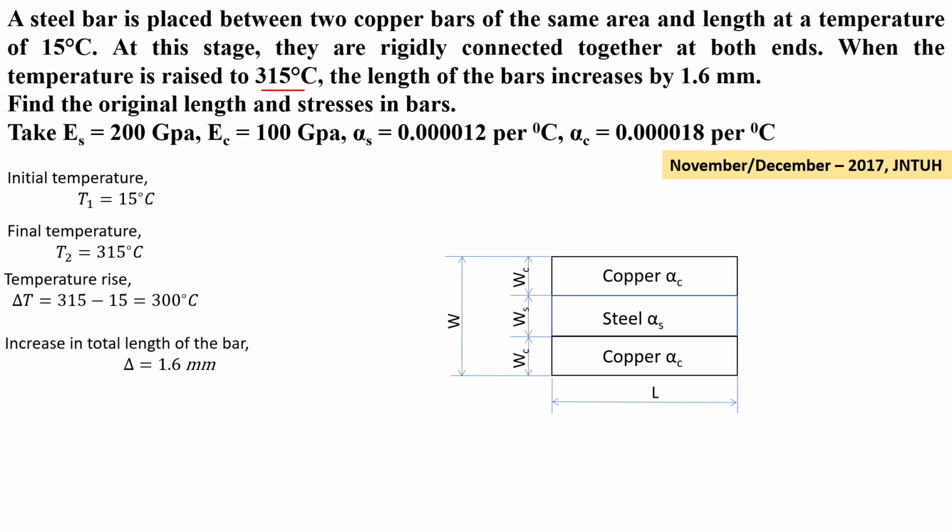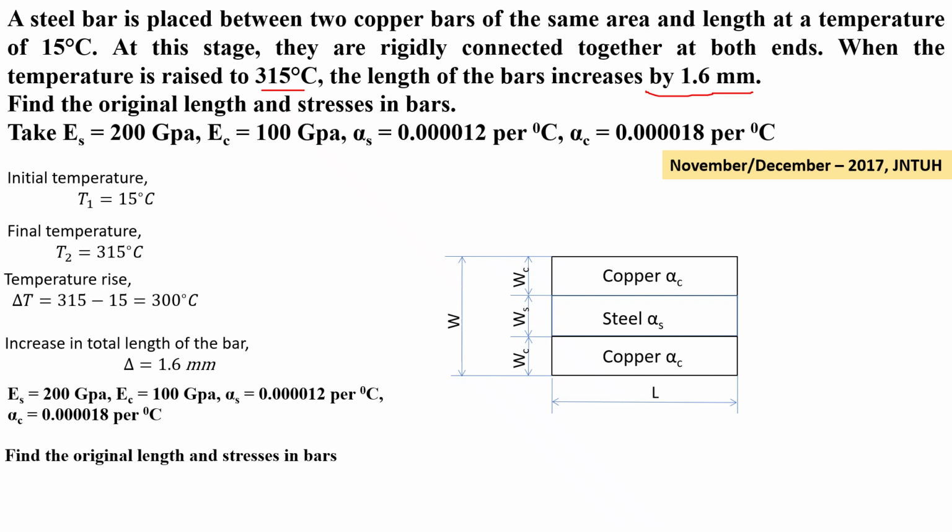Also given is that the length of the bars increased by 1.6 mm, so the increase in total length of the composite bar, delta, equals 1.6 mm. Then you have to find the original length and the stresses in the bars, and ES, EC, alpha S and alpha C are given. Okay, let's see the solution.